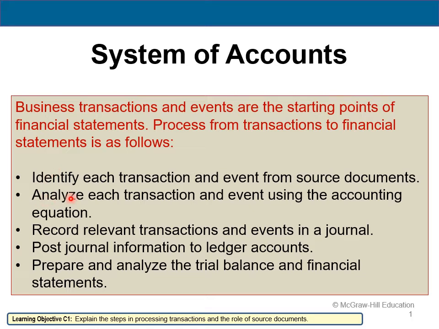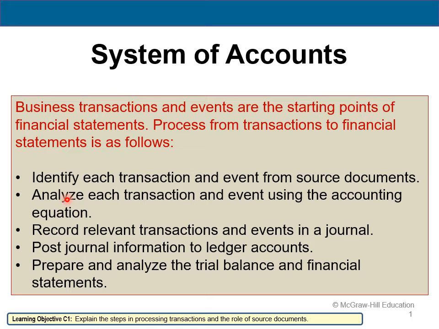That's the first step in any accounting exercise, identifying the transactions. Then analyze each transaction using the accounting equation. The accounting equation, of course, is assets equal liabilities plus equity. You should remember that from chapter 1.